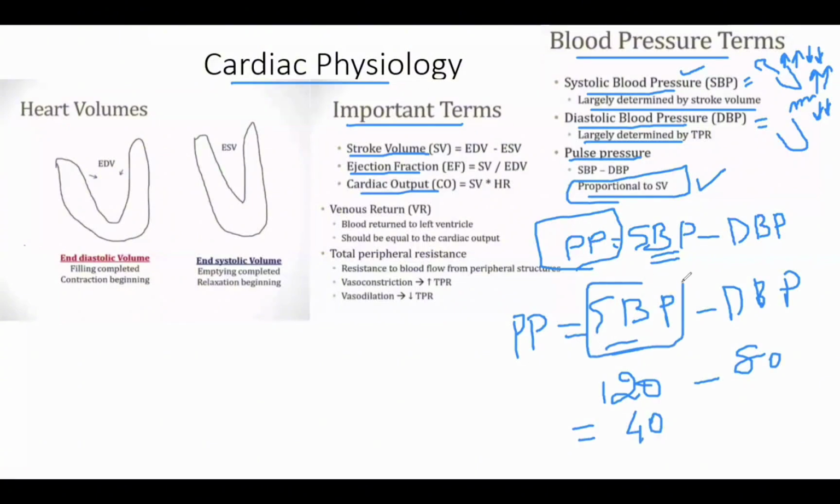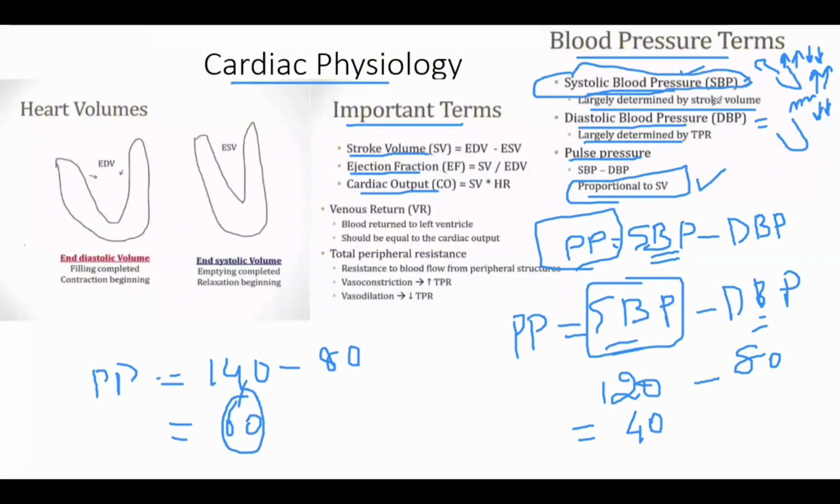But if this systolic blood pressure is raised, let's suppose to 140, and the diastolic blood pressure is still 80, the pulse pressure will be 60. And we also know that systolic blood pressure is largely determined by the stroke volume. That is, this systolic blood pressure will be raised if the stroke volume is raised. If the stroke volume is raised, systolic blood pressure will be raised, and hence the pulse pressure will rise.